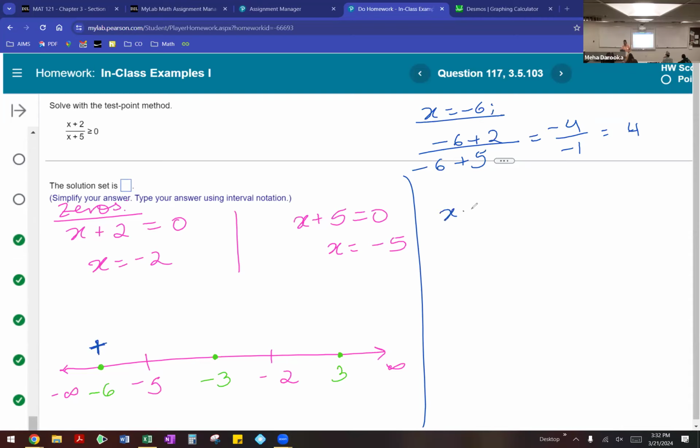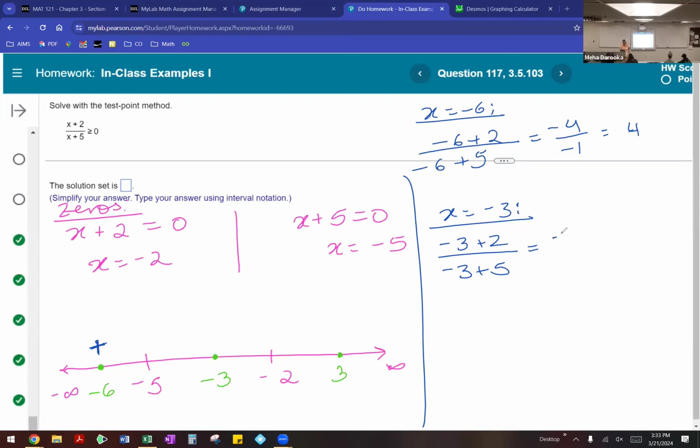Let's say we did x equals -3. That becomes -3 plus 2 on top and -3 plus 5 on the bottom. What will this give us? Positive, negative? Looks like it, doesn't it?